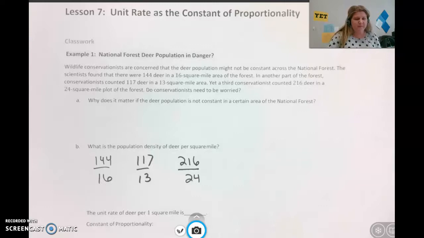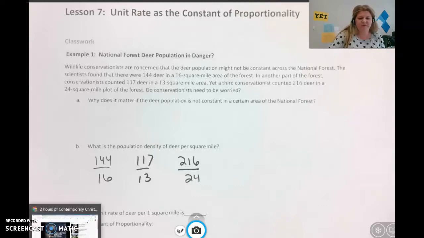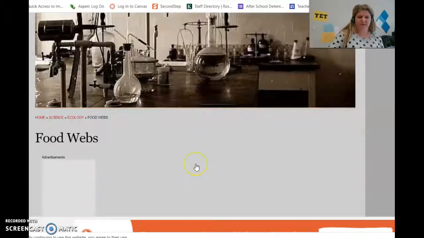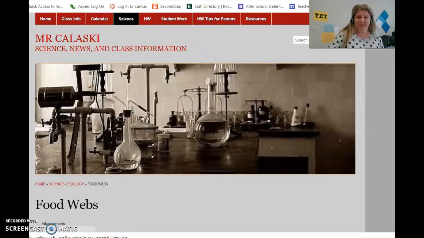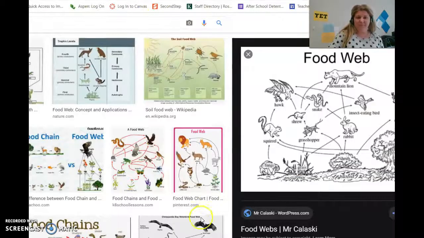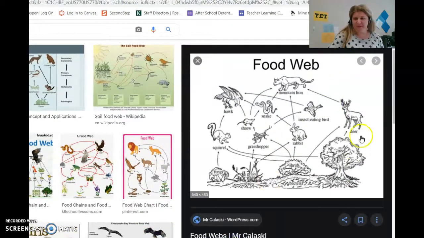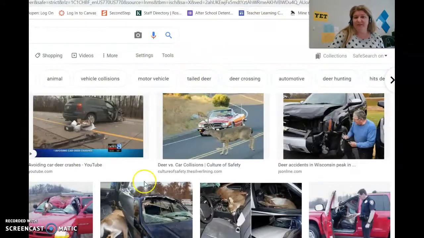Well, I pulled up some clips to visualize why it matters. So if we think about food webs and how population is important for that, you've got the deer here, and if there's not enough deer, then maybe the forest is going to be overgrown. If there's too many deer, maybe we're going to have some car wrecks with deer.